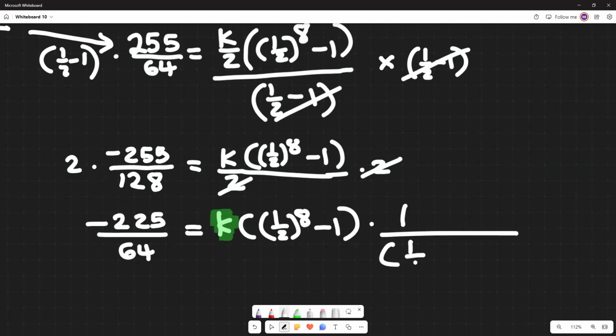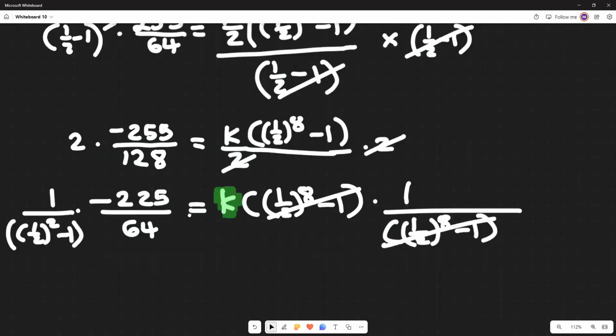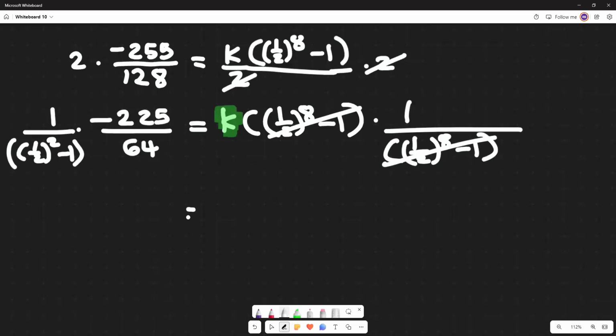So even here 1 over half to the power 8 minus 1. This one will cancel with that one. That side you're left with k only. And then we can see that k will be equals to whatever we get there.